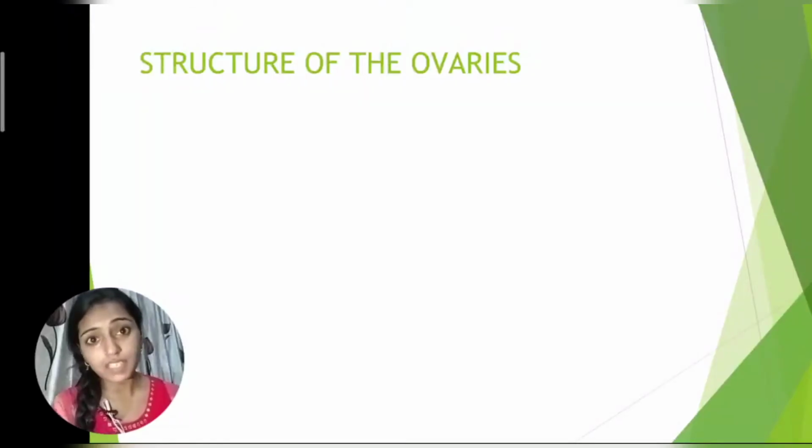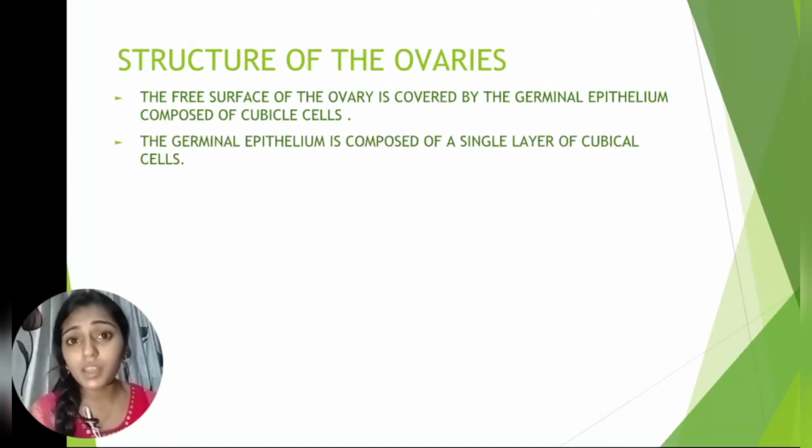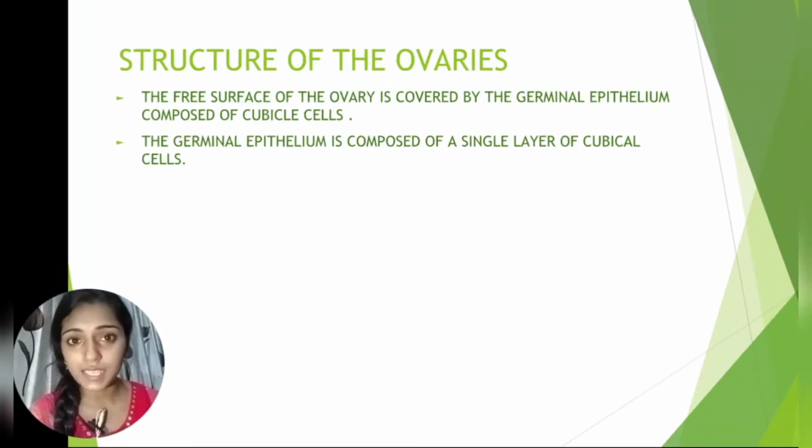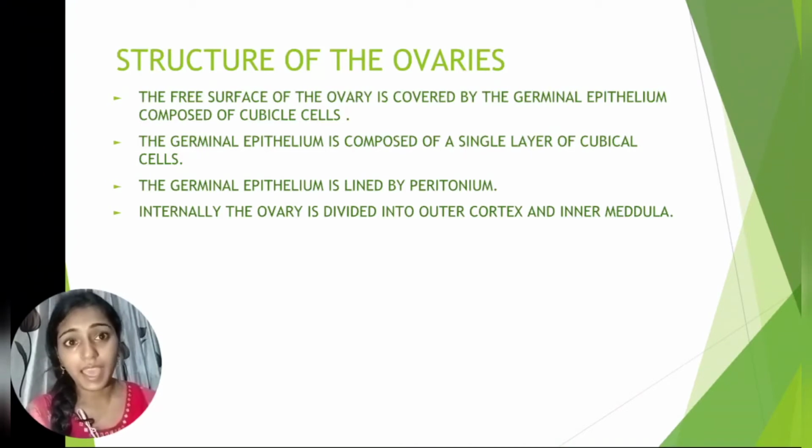What we have seen in the structure of the ovaries is that the free surface of the ovary is covered by the germinal epithelium, which is composed of cubical cells, only a single layer of cubical cells. The germinal epithelium is lined by peritoneum, and internally the ovary is divided into outer cortex and inner medulla.